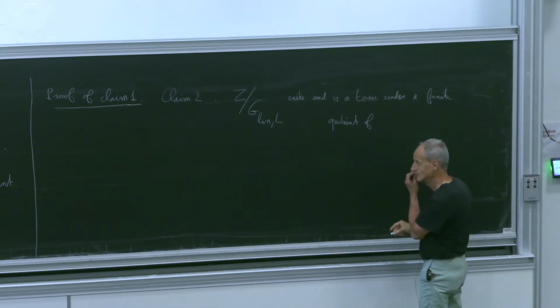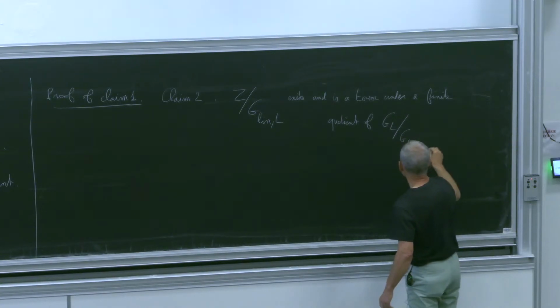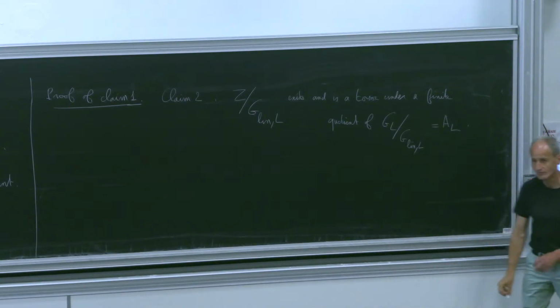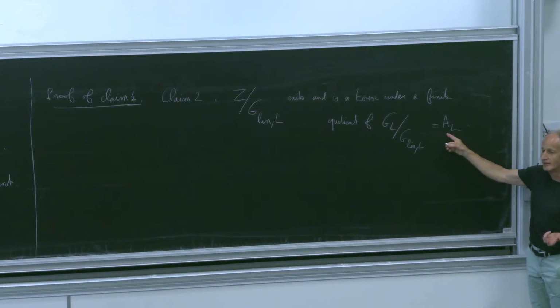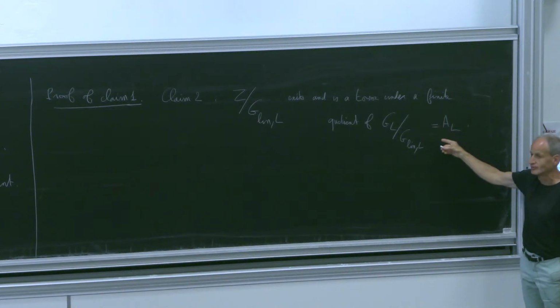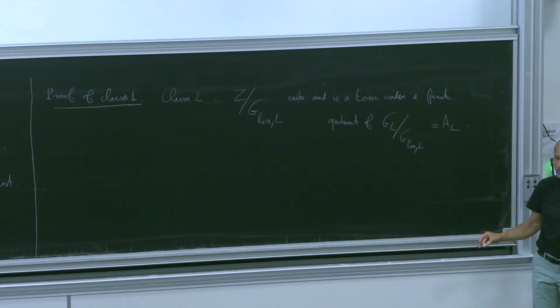So what remains is you just do G mod G_lin, and what you get is A_L. Okay, so A_L is an L-abelian variety, and the claim is that this exists, and it's an A_L modulo something torsor. This is something we don't control, as we will see in the proof.